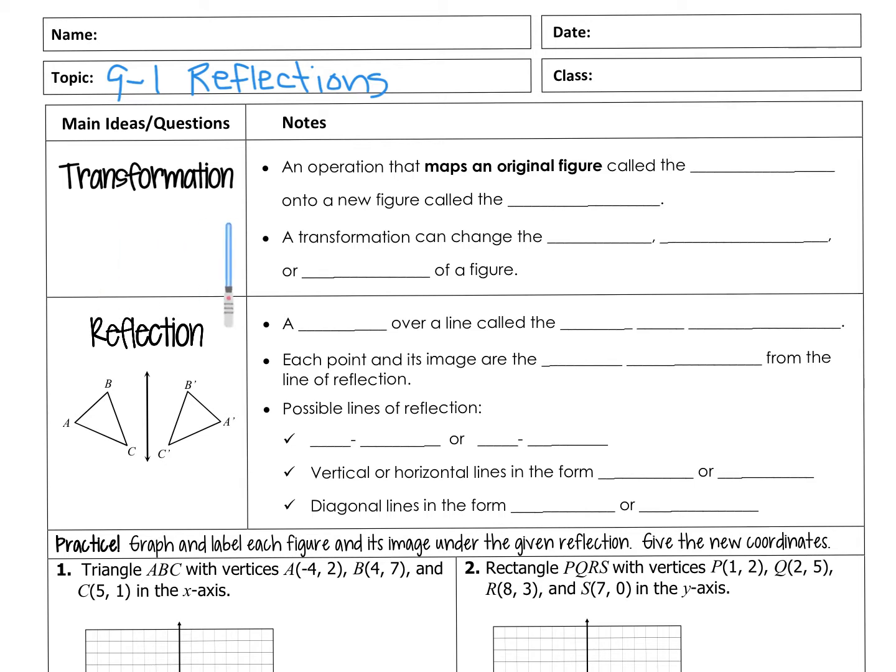In general, transformations are basically just an operation that maps an original figure, which we are going to call the pre-image, onto a new figure, which we are going to actually call the image.